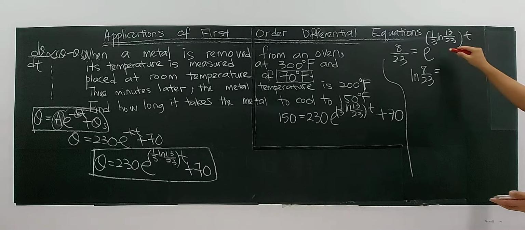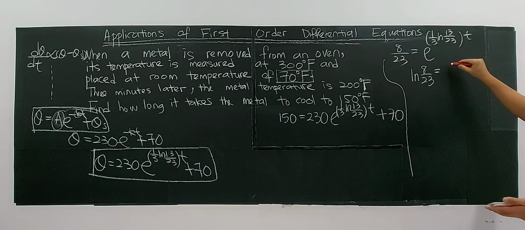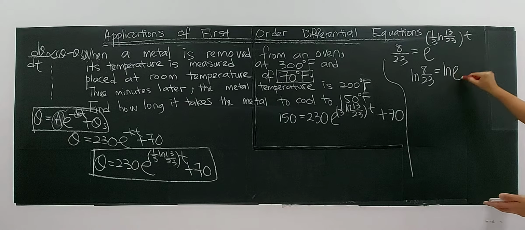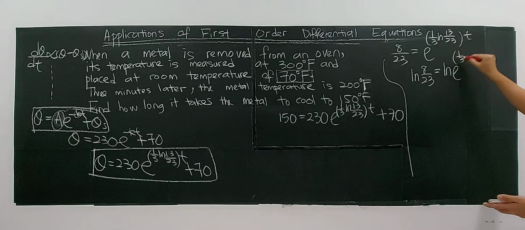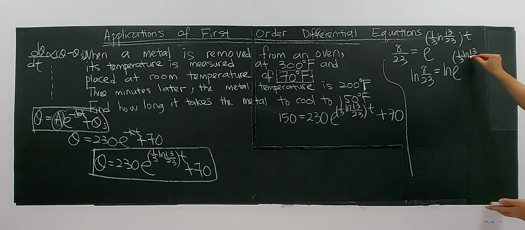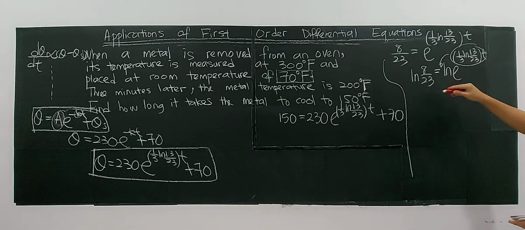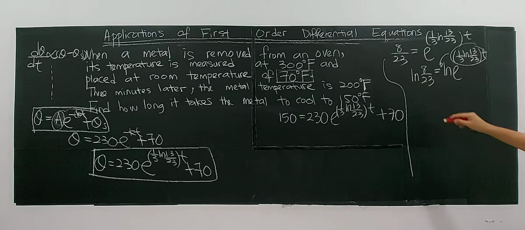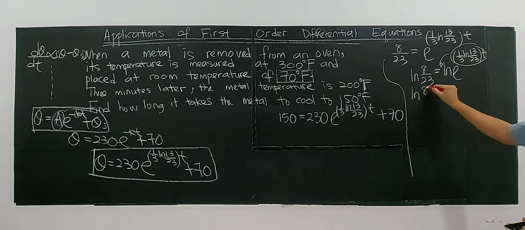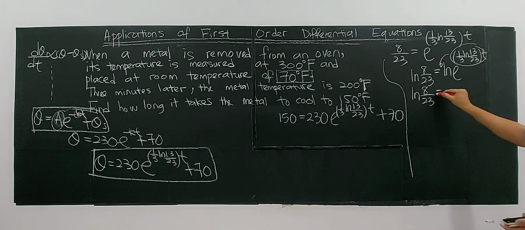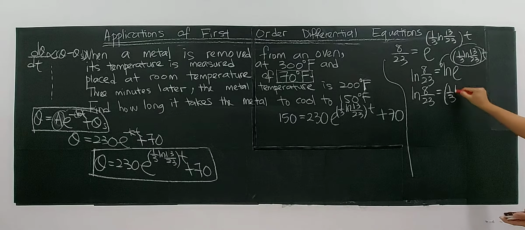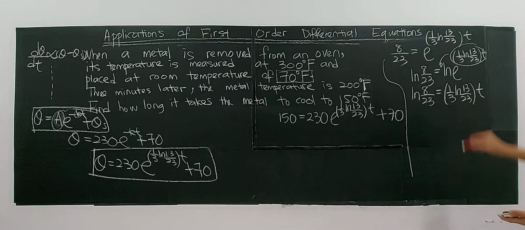As you put ln on the exponent 1 over 3 ln 13 over 23 t, you can bring everything down, as ln e becomes 1. So you have ln 8 over 23 equals 1 over 3 ln 13 over 23 times t.